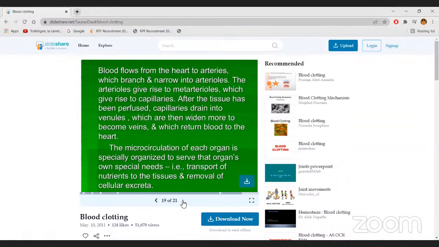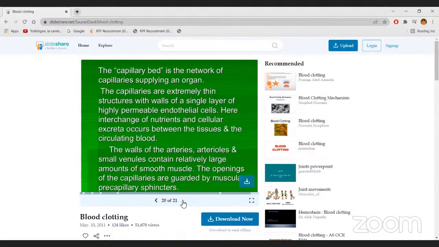The microcirculation of each organ is specially organized to serve that organ's own special needs: transport of nutrients to the tissues and removal of cellular waste. The capillary bed is the network of capillaries supplying an organ.